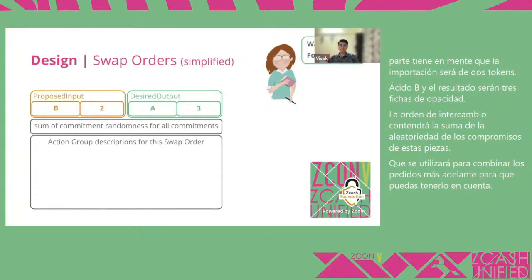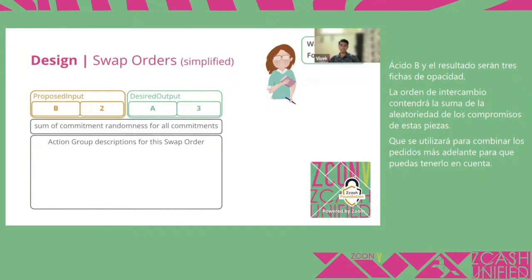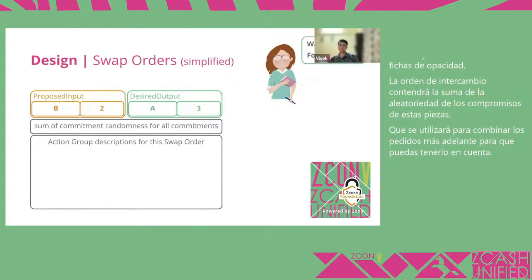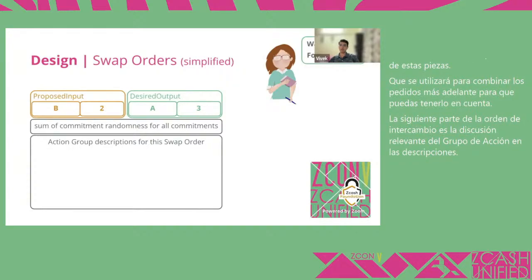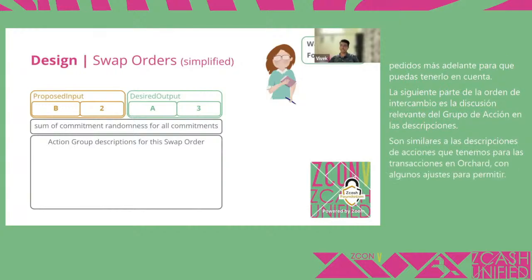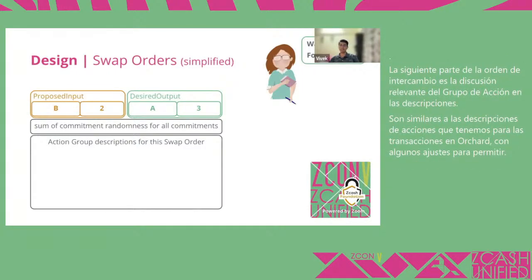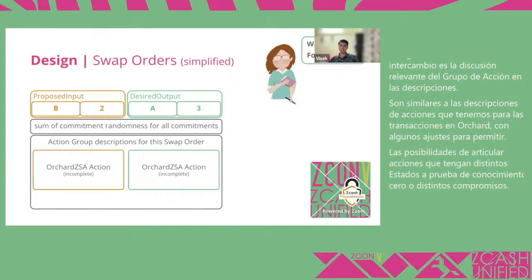The next part of the swap order is the relevant action group descriptions. These are similar to action descriptions that we have for transactions in Orchard, with some tweaks to allow for the possibilities of putting together actions that have different zero-knowledge proof states or different commitment tree routes. I will show it as 2 actions over here.